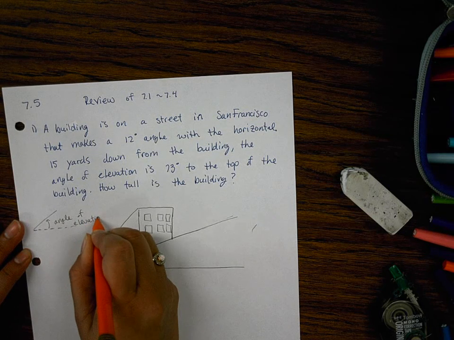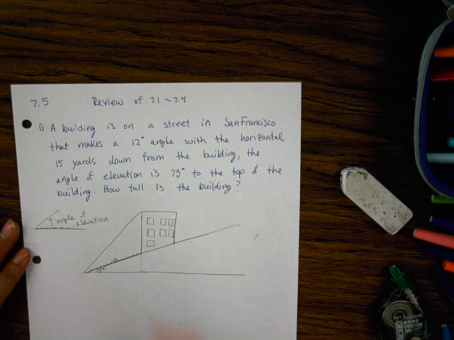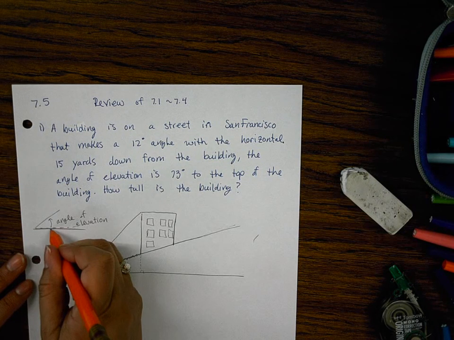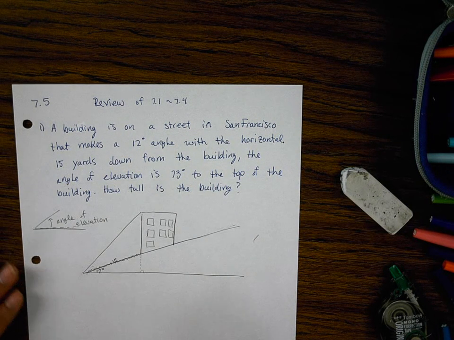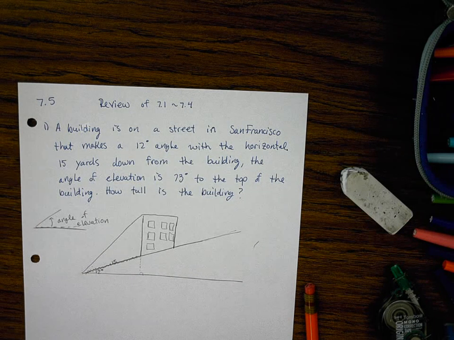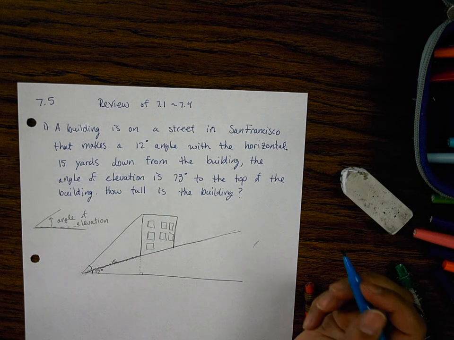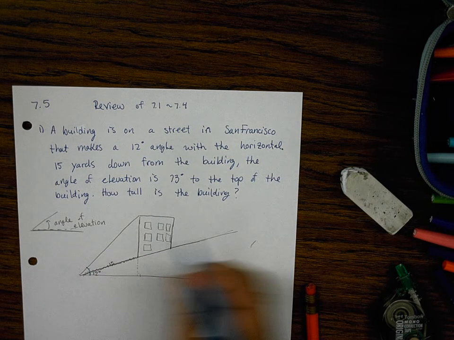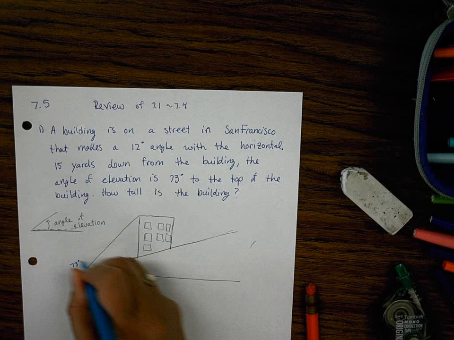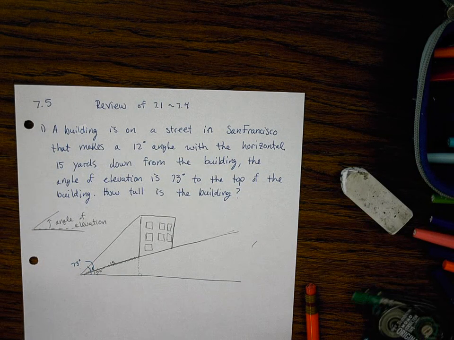That there is your angle of elevation. It's from a horizontal line going up. I know it's kind of messy, but all of this together is the 73 degrees.